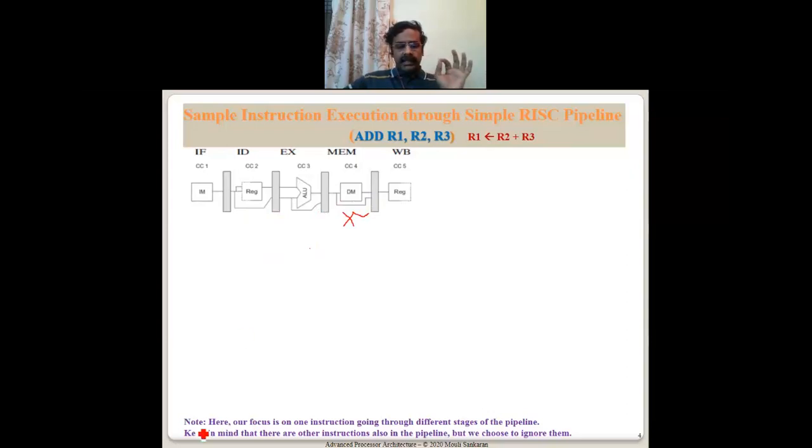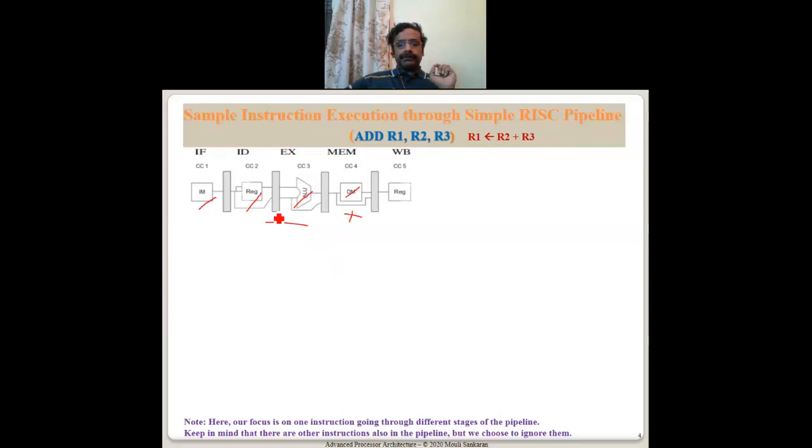So the basic understanding that you should have is, on every cycle the instructions have to move from one stage to the other, and in case one instruction takes more time, the remaining instructions behind will be stalled. That means they will not come and overwrite the earlier instruction.